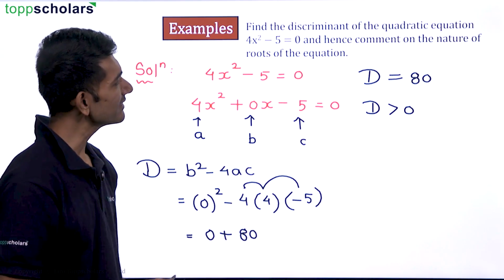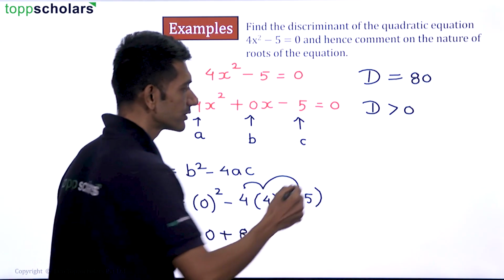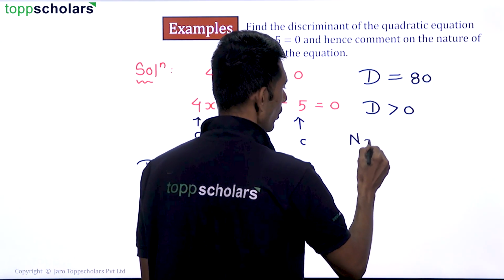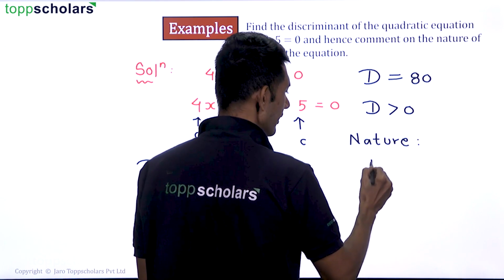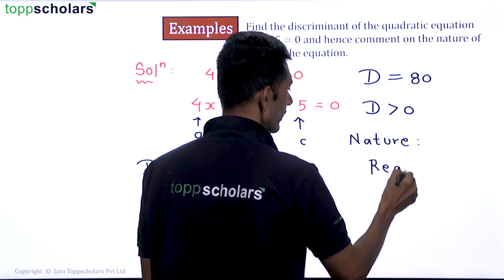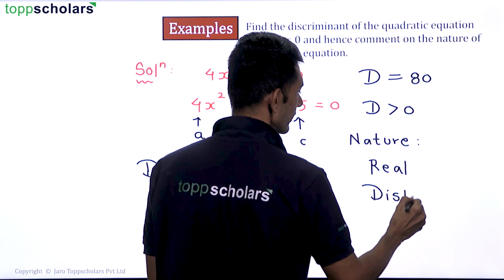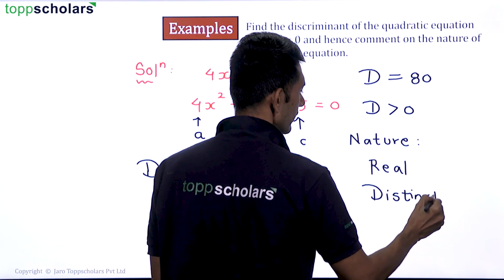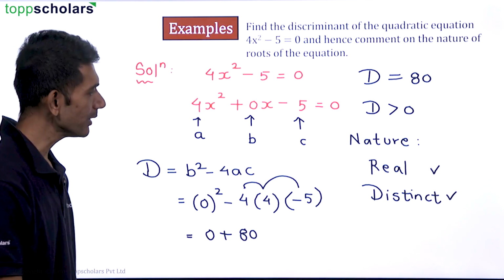So if d is greater than 0, comment on the nature of roots. What is the nature? Real and distinct. We have already studied this. So the nature of roots is real and distinct. This is your final answer. Simple.